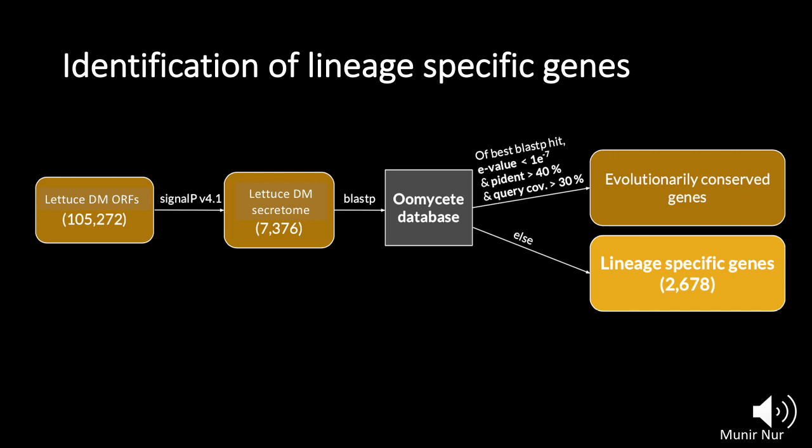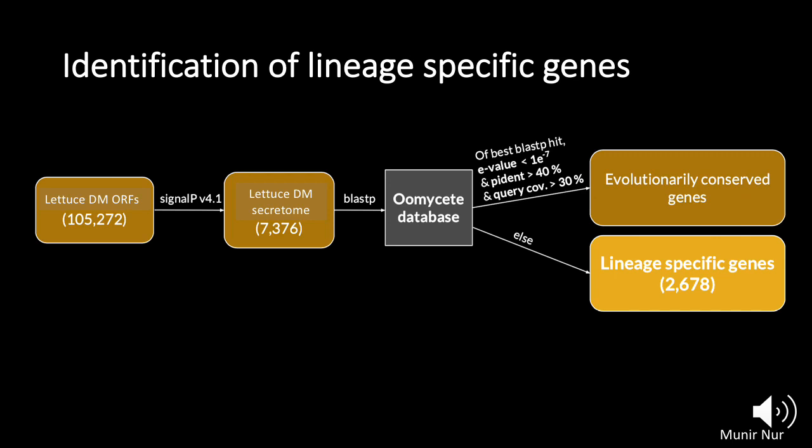He took the lettuce downy mildew genome and looked for signal peptides to come up with the secretome. Then he blasted these sequences against an oomycete database, which consisted of all the sequenced oomycetes at the time.